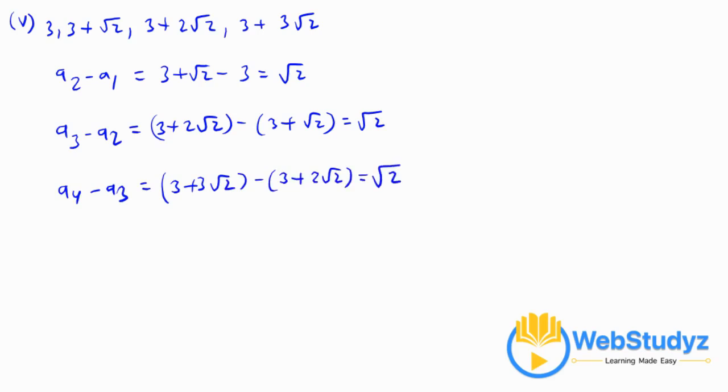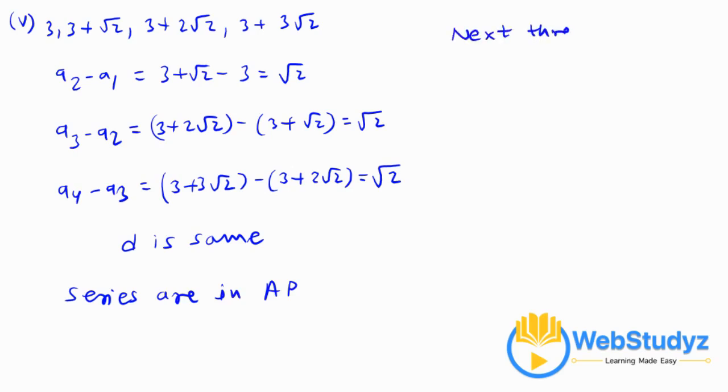This gives us the value root 2. So we can say that the common difference D is the same everywhere. That means the given series is in AP. So we have to calculate the next three terms, which will be A5, A6 and A7. So A5 will be 3 plus root 2 plus root 2.